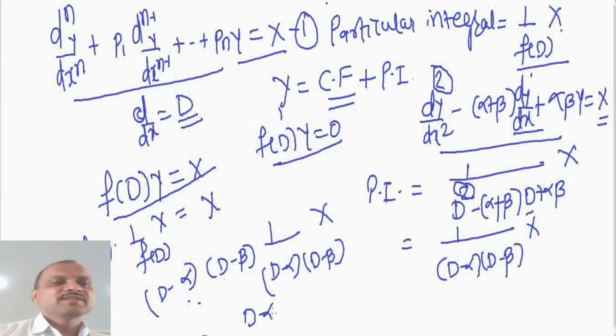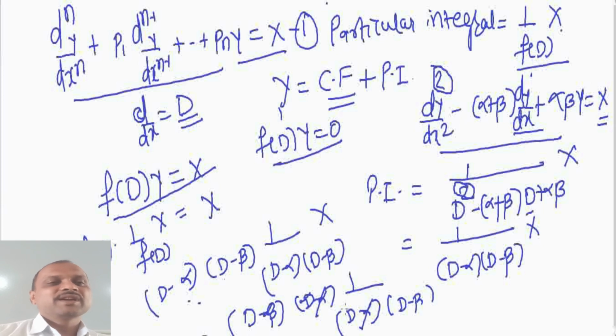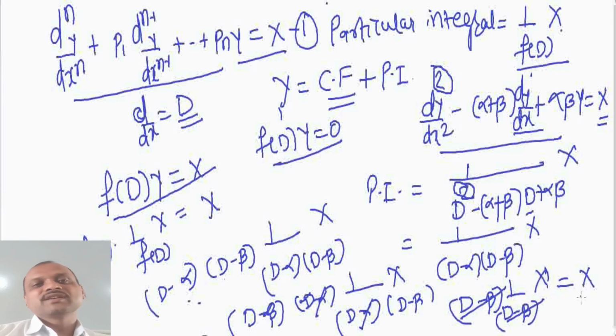We can write (D minus beta) into (D minus alpha) into 1 divided by (D minus alpha) into (D minus beta). Then D minus alpha gets cancelled, and we remain with (D minus beta) into 1 divided by (D minus beta) into x. Again D minus beta gets cancelled and we get x. So you can see that this 1 divided by f of D is the integrating factor, and this is how to find the particular integral of a differential equation.